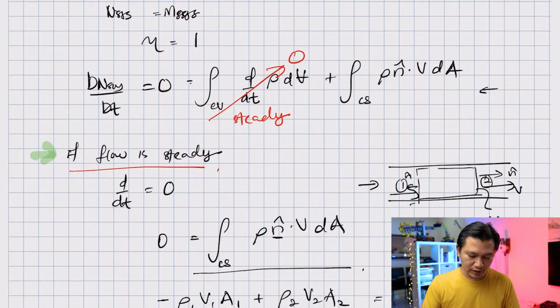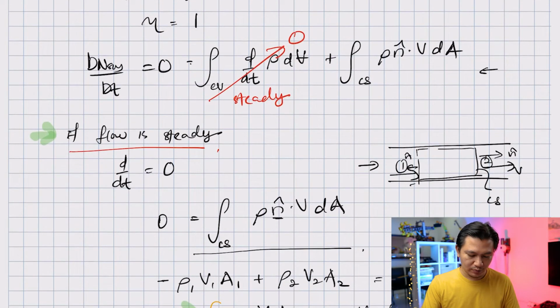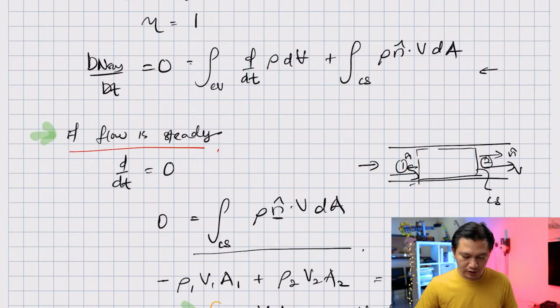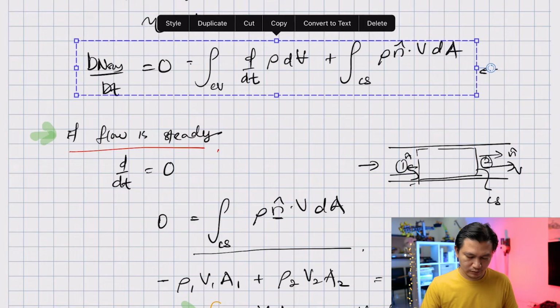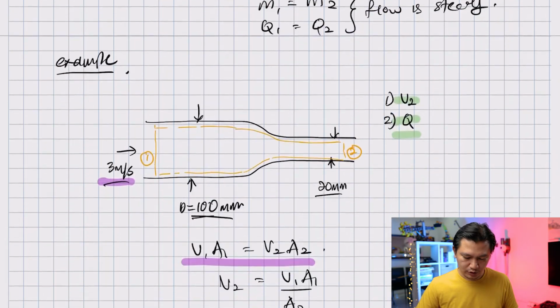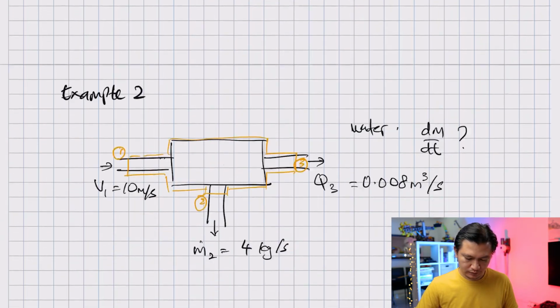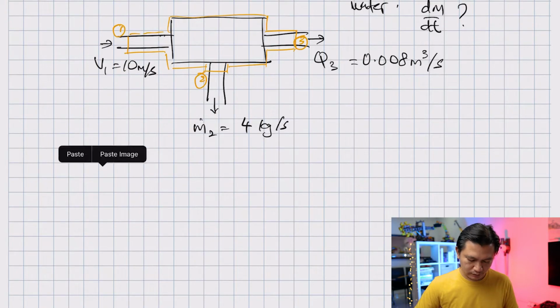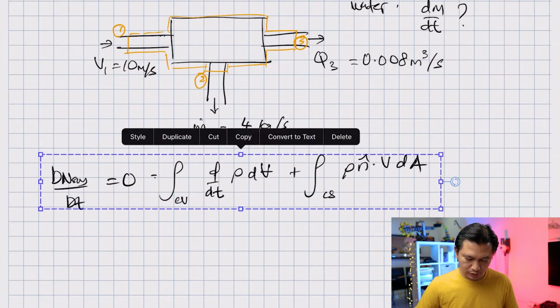But now let's uncancel that and see what happens to the equation. Let me copy this equation first, and I'm going to put it here and see how we can solve it.